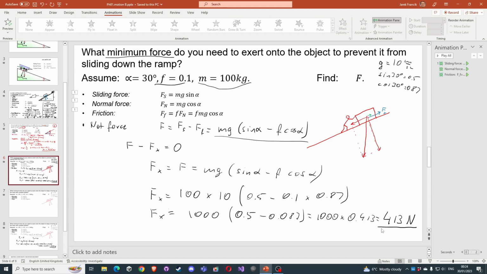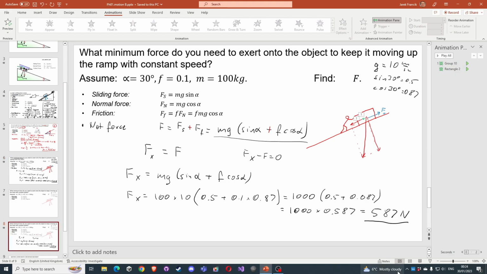If you push it with at least 413 newtons, but you don't exceed 587 newtons, this is the range in which you can increase your force. You of course prevent it from sliding, but your force is not yet sufficient to start moving it up.